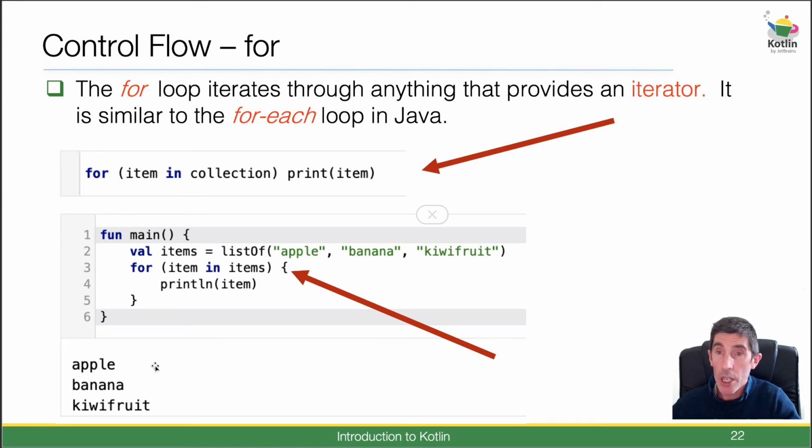Items just has 3 strings, apple, banana, and kiwi fruit, and then we can use for item in items and just print it out to the screen, and you can see down there we get our apple, banana, and kiwi fruit printed out. So again, very similar to what you would be familiar with in Java.